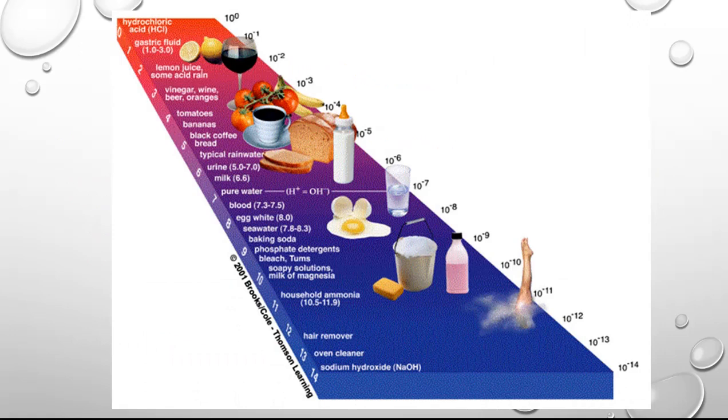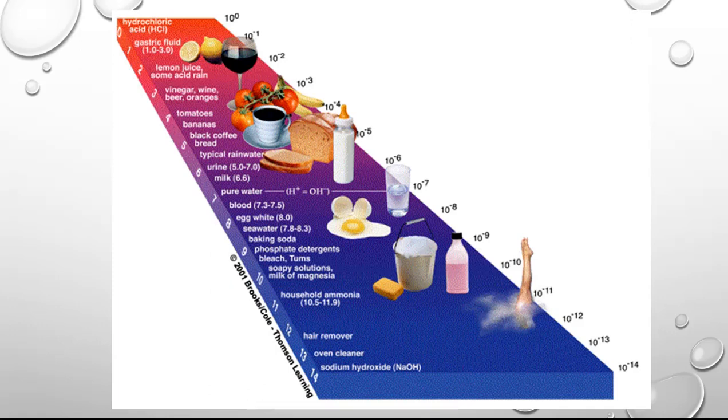Here you have some common substances that you can see at home. Hydrochloric acid, your gastric fluid, lemon juice, acid rain, vinegar, and bananas are actually acidic substances.